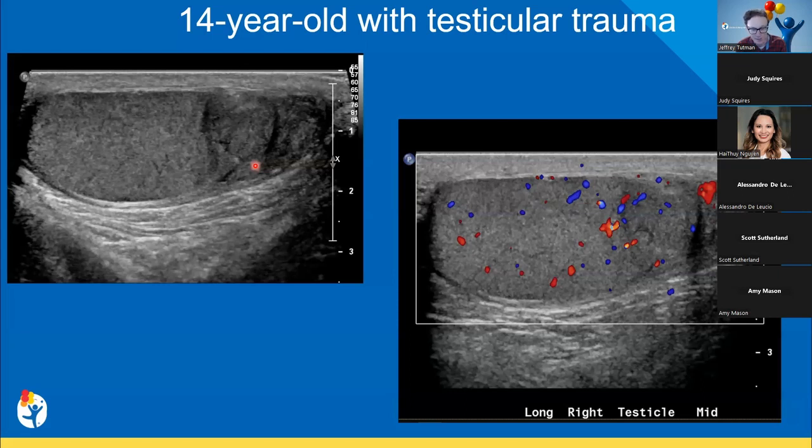So at least that's how I think about it. If the tunica is intact, then I would call it either a fracture or intratesticular hematoma, versus if the tunica is disrupted, then I would call it a rupture of the testicle.